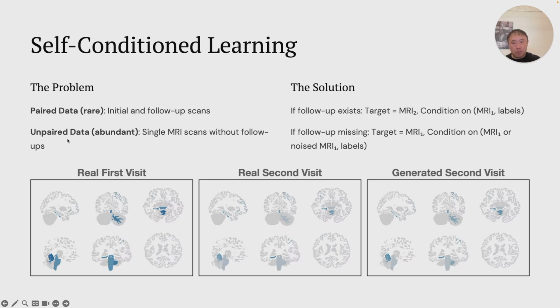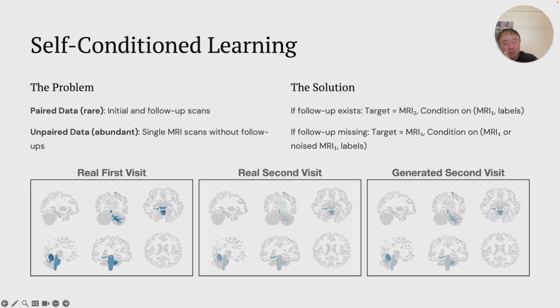Those paired datasets are the true longitudinal pairs. You have an MRI at time point 0 and then an MRI maybe 2 years later. And this is what we actually want to learn from.